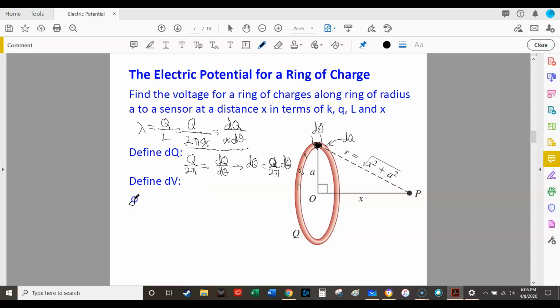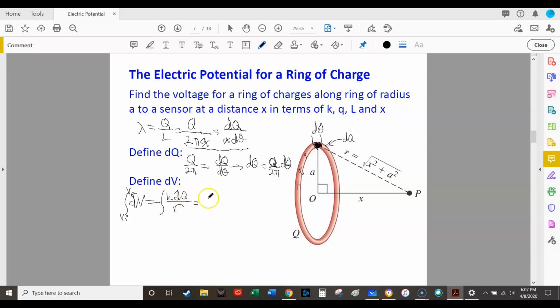To do this, let's write our basic integral. dv is equal to k dq over r, and we're going to integrate both of these, this from vi to vf, and this from k dq over r. Before we evaluate the limits, let's plug in our variables.